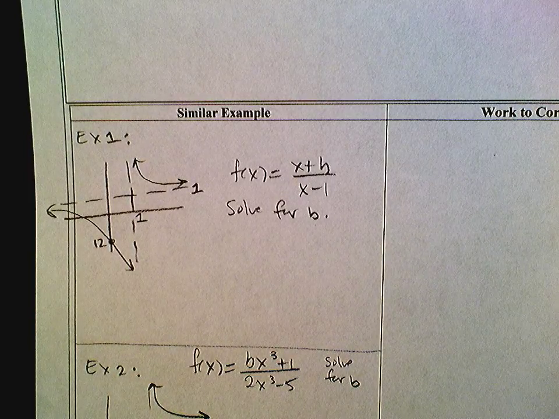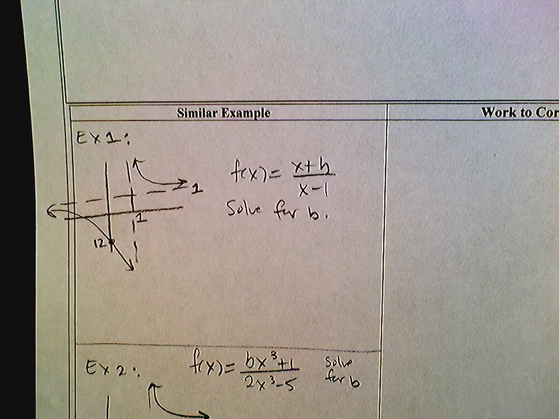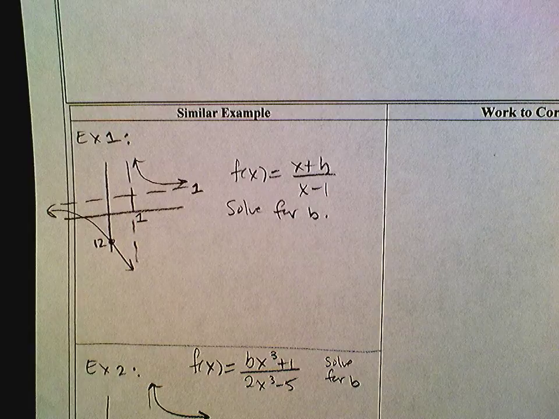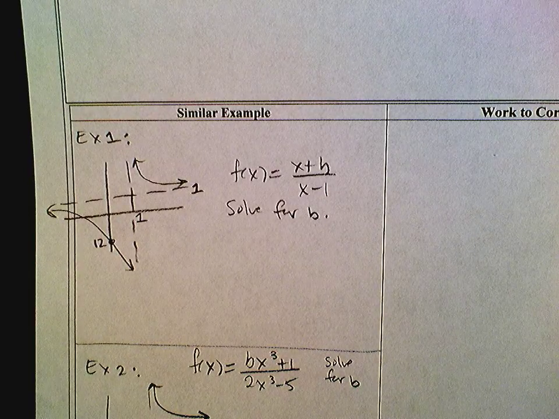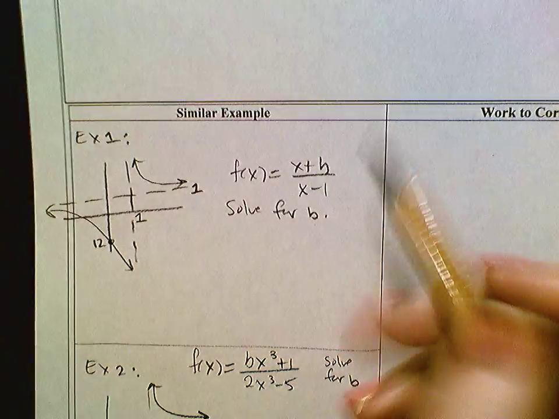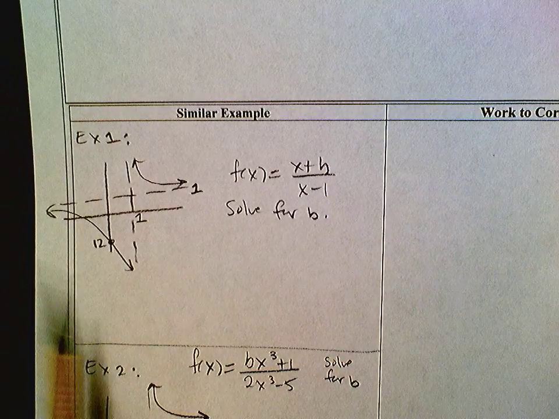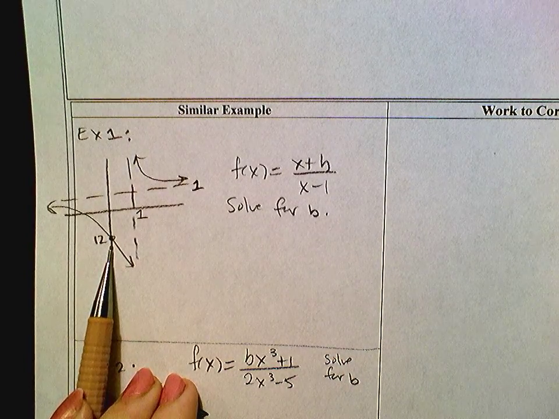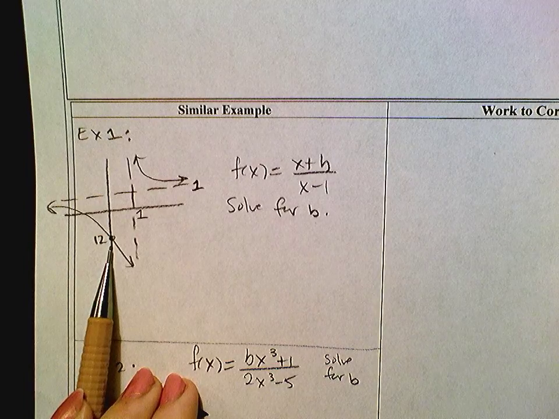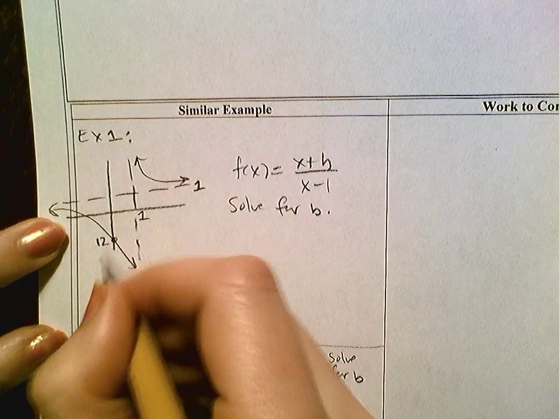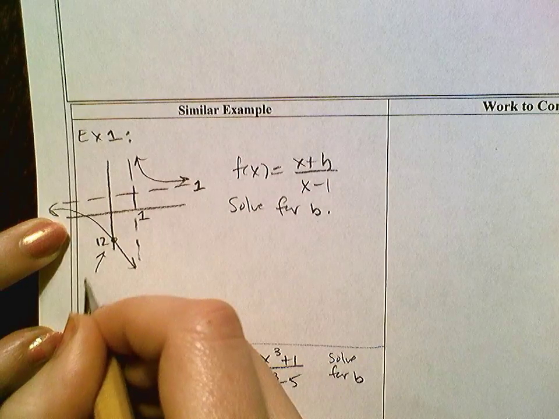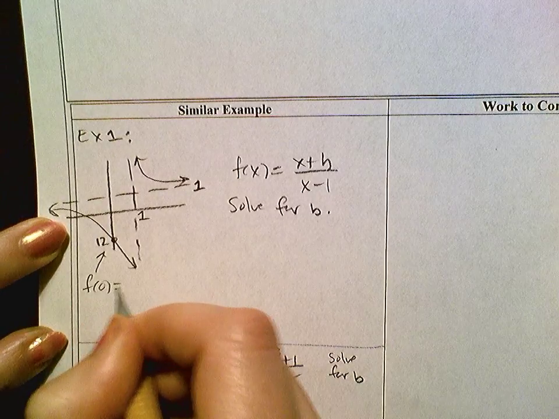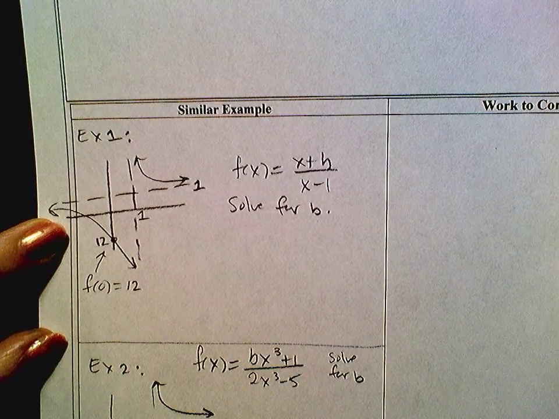Now, when you're dealing with a rational function, I'll just say it. Guys, I notice that the y-intercept is 12. So since the y-intercept is 12, that means that f of 0 equals 12.